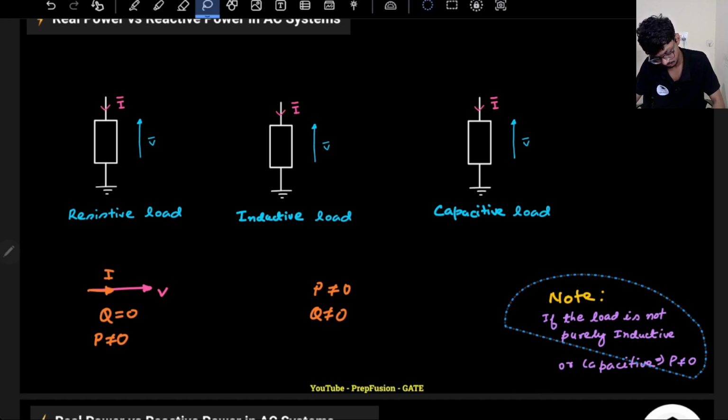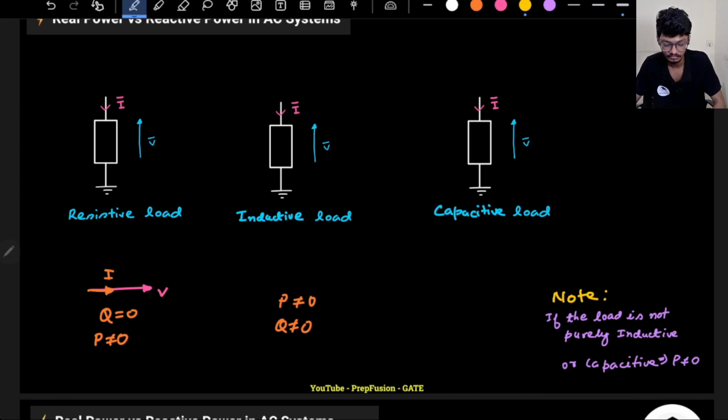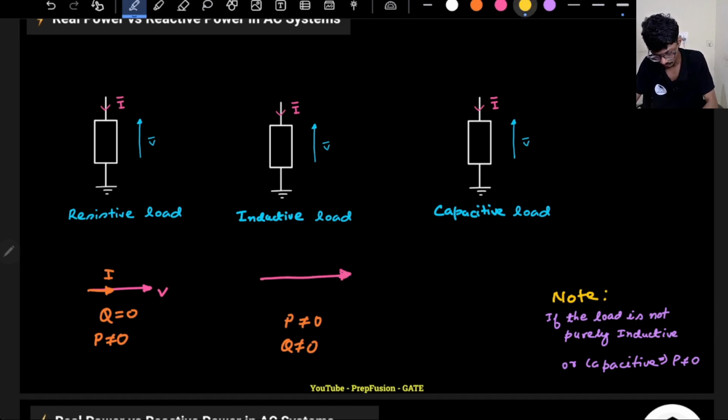So here what is the phase difference between voltage and current? For an inductive load, obviously the current will lag the voltage. As it is not purely inductive, it will not be 90-degree lagging, but some lagging nature will be there between the voltage and current.